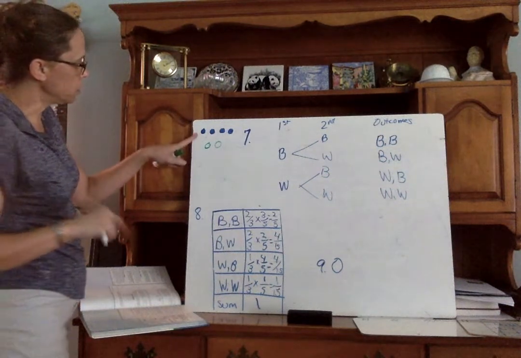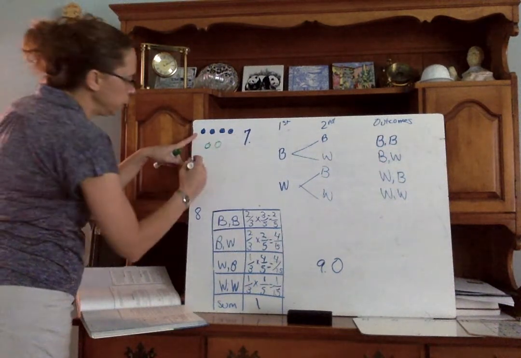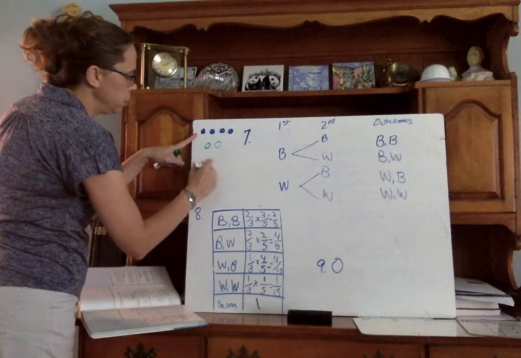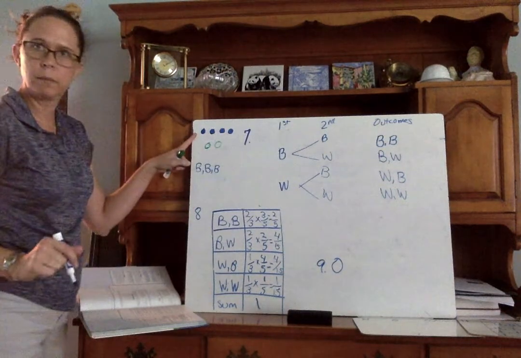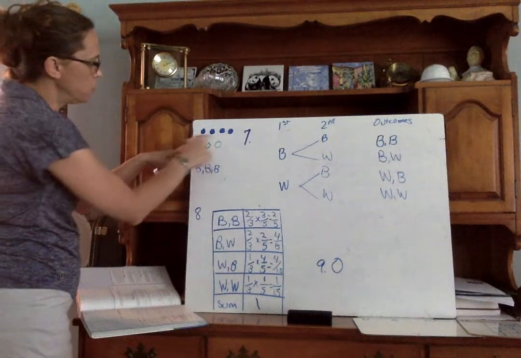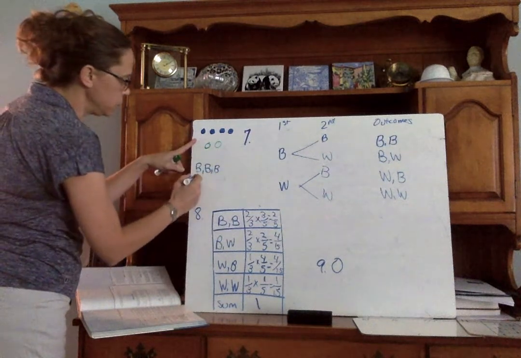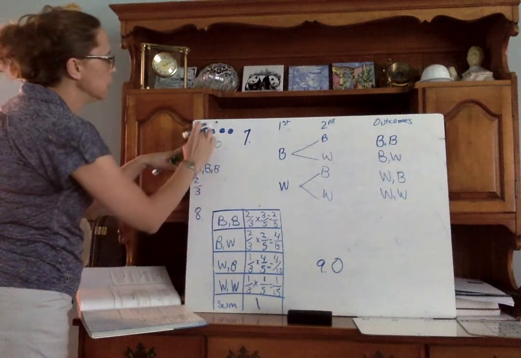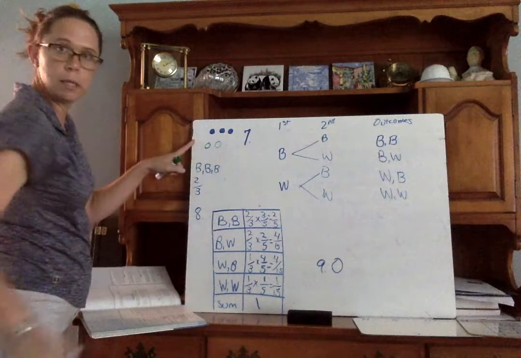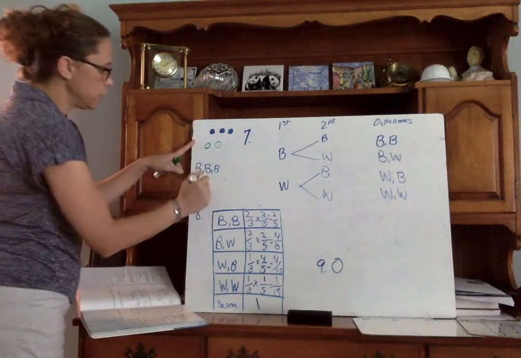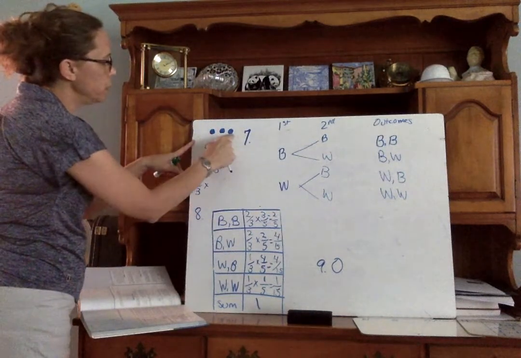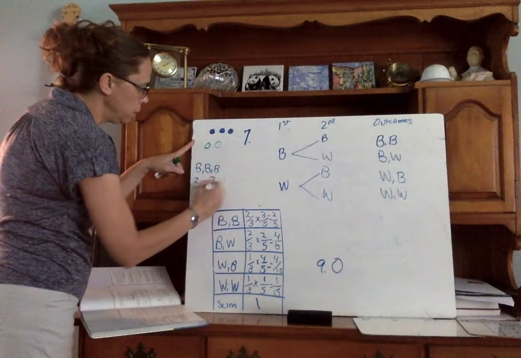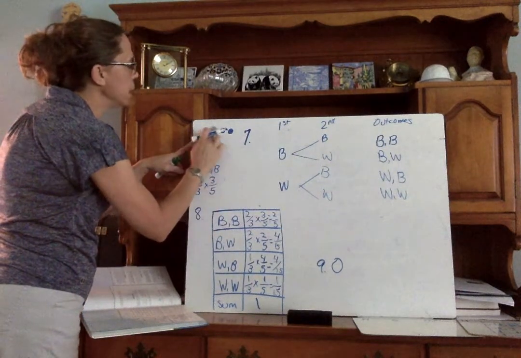So let's see. The first time that I draw, I want blue with a blue with a blue, right? So in my first draw, there's 4 blues out of 6 total, which is 2/3, right? So I got to get rid of one of these now because I'm not replacing it. Now when I go to draw the second one, there's 3 blues out of 5 total. I'm not replacing that.